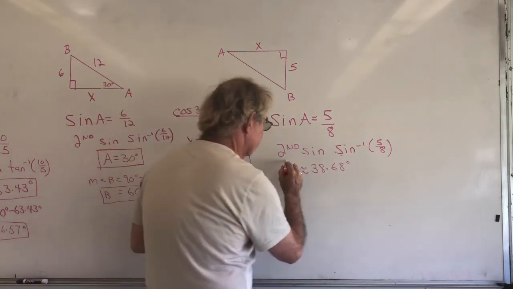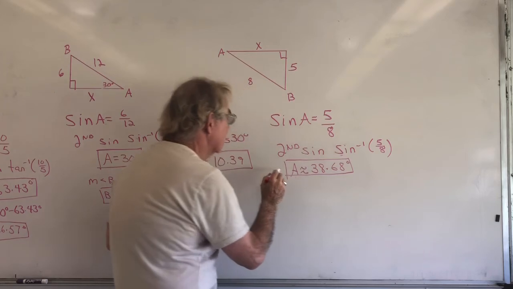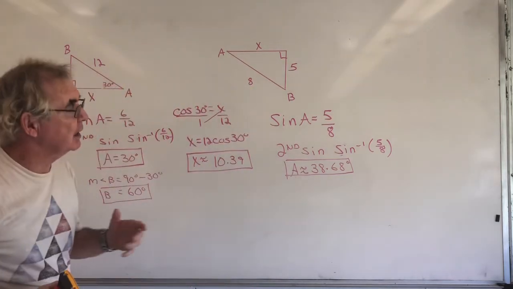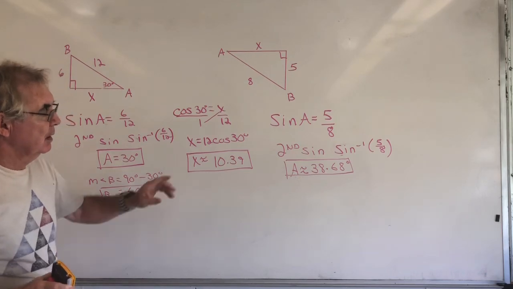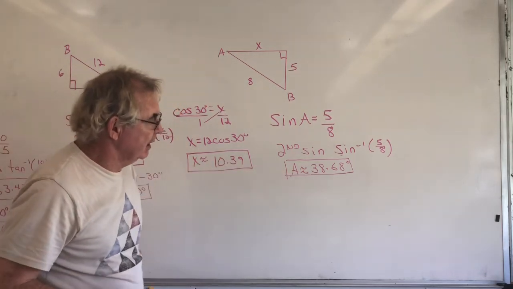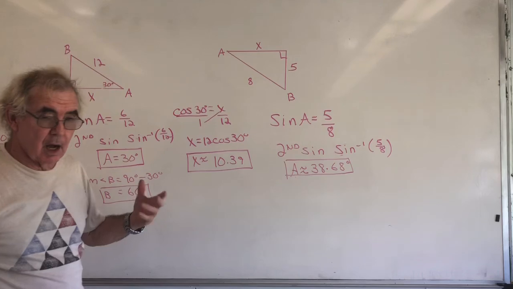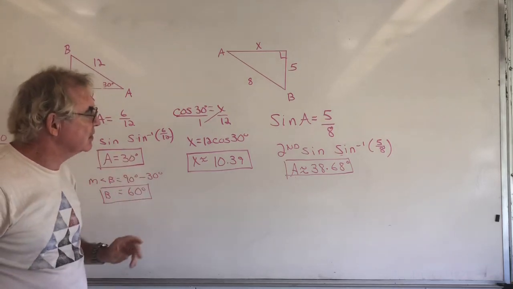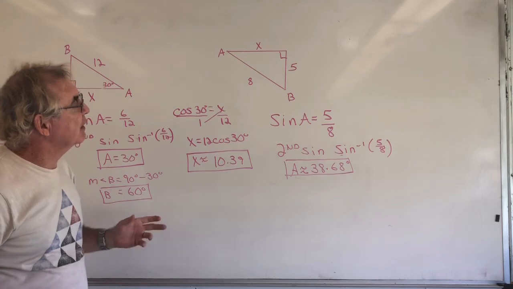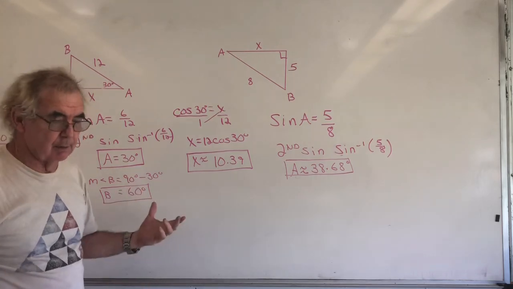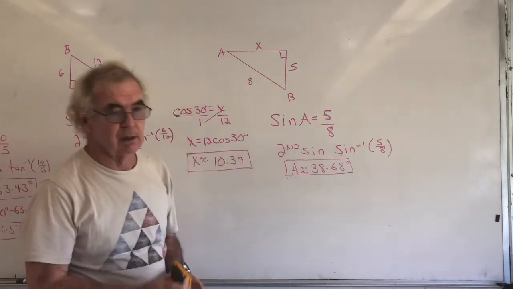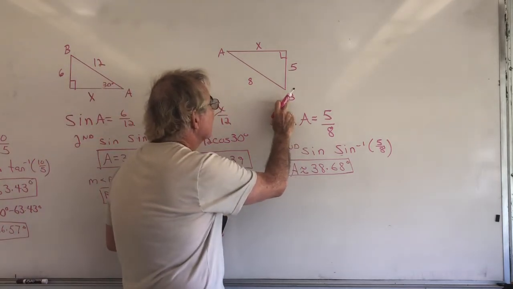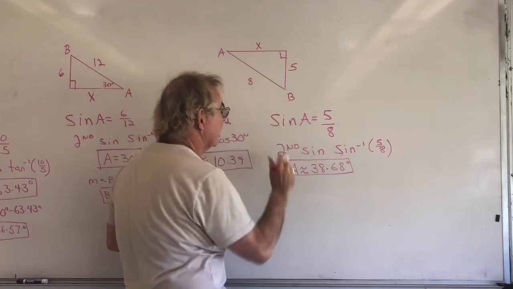Now, we could put that there and we could find angle B by subtracting this from 90 degrees and getting the complement. But just to reinforce that, since this is our last example, let's find angle B using trig now, and then add A and B and see if it is 90. So using angle B, this is the adjacent over the hypotenuse.